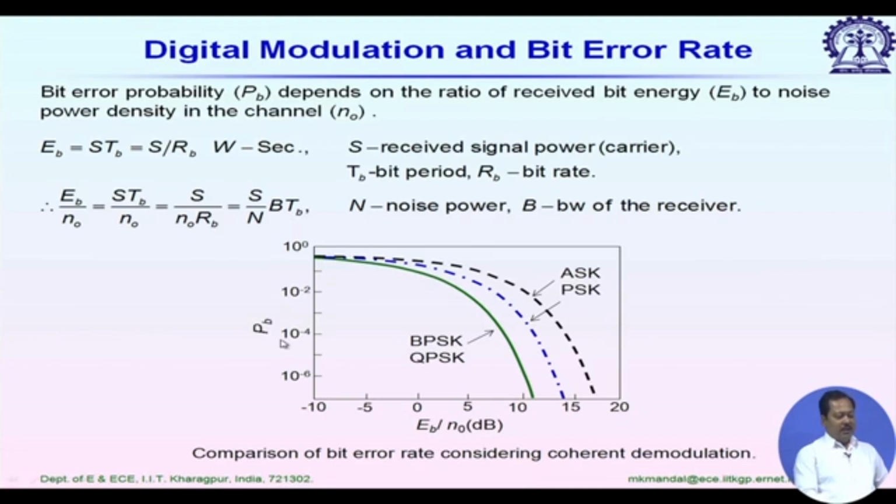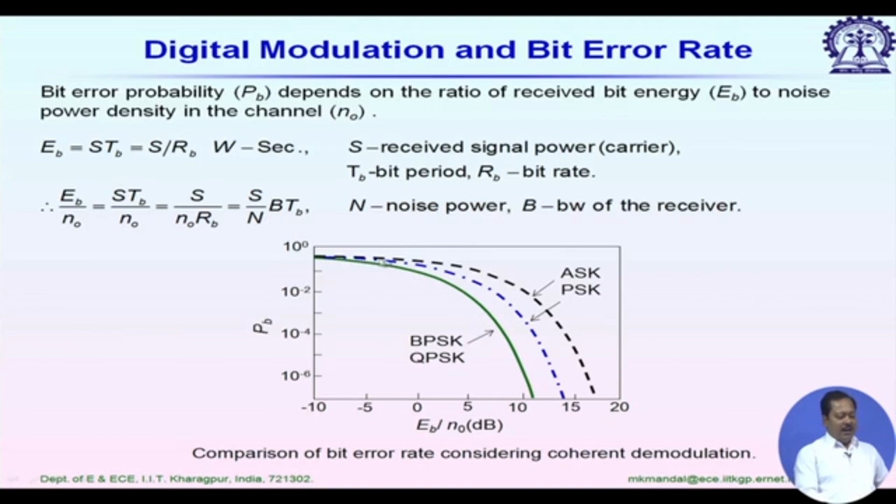Now, we see some theoretical calculation, a comparison of bit error rate considering coherent demodulation, the variation of bit error probability with Eb by N0 in dB, for different digital modulation schemes.